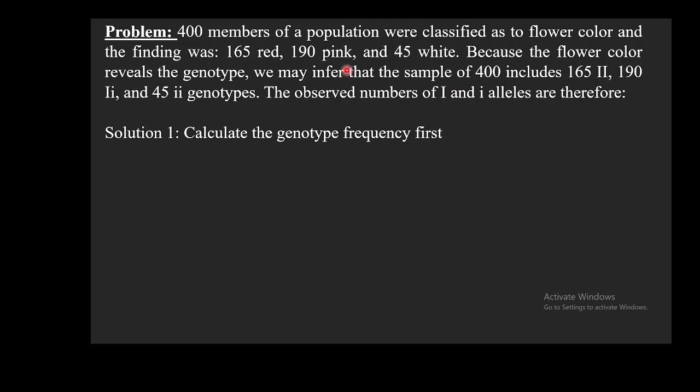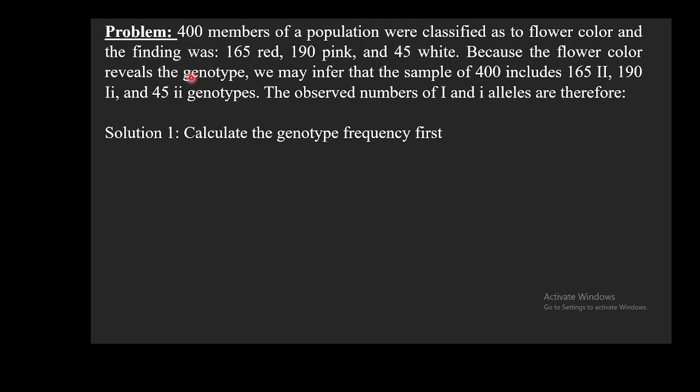So with this note, let's try to solve this problem, where we are saying that the population carries 400 members, and in these members there are plants which are red, which is 165, 190 are pink, and 45 are white.